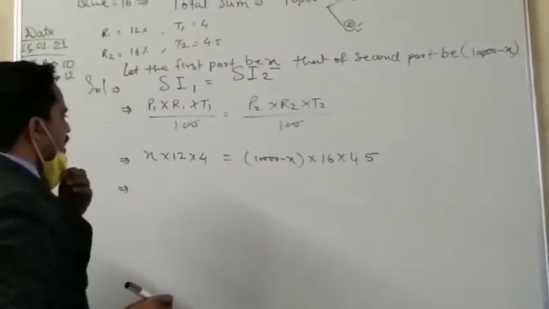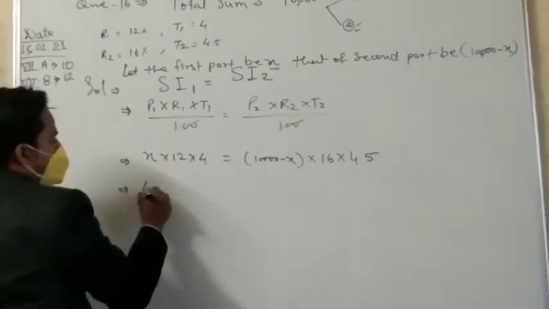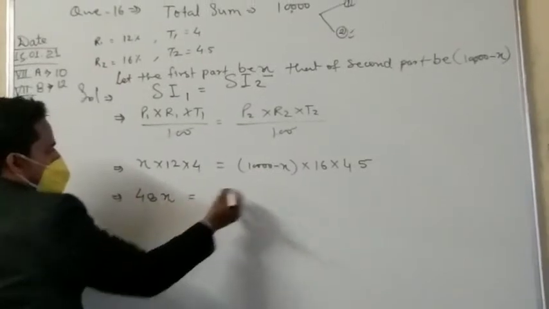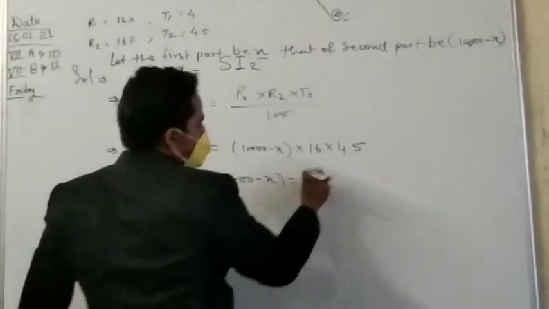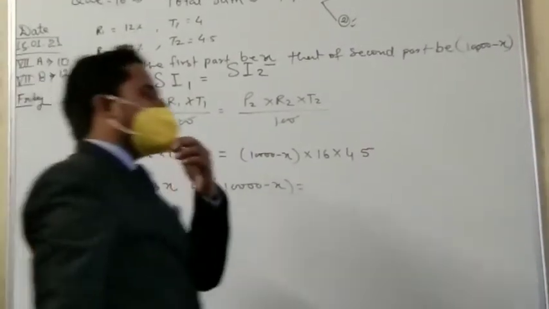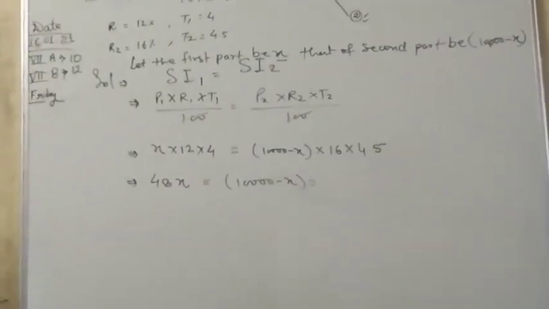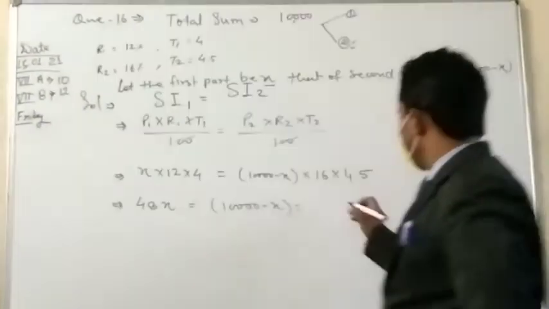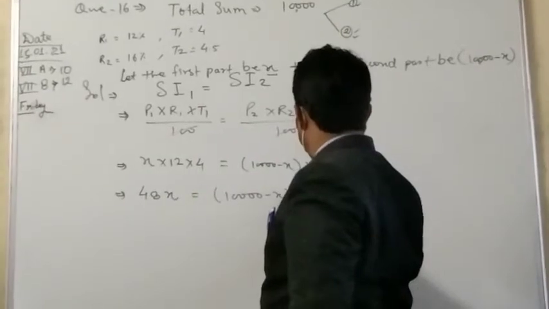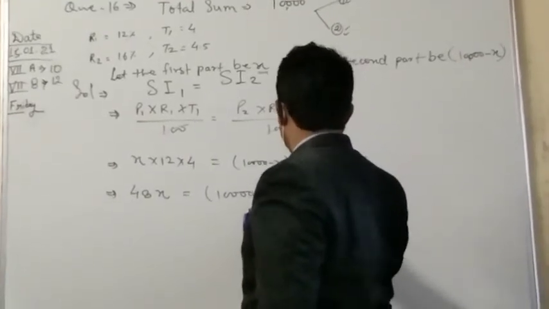Further we can write it as 12 4s are 48. It will be 48x, and this side it will be 10,000 minus x into 16 4s are 64 and 8, 72.